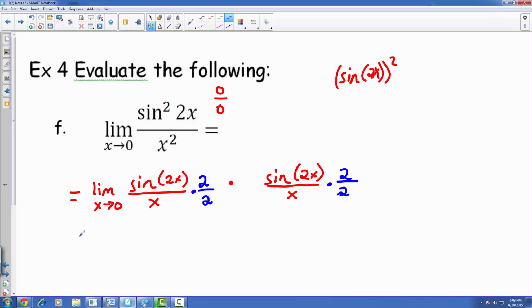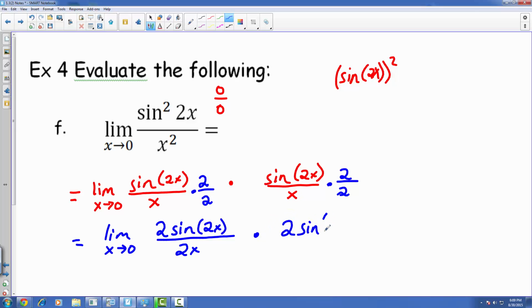And when we do that, we end up with the limit as x approaches 0 of 2 times the sine of 2x all over 2 times x, times 2 sine of 2x all over 2 times x.